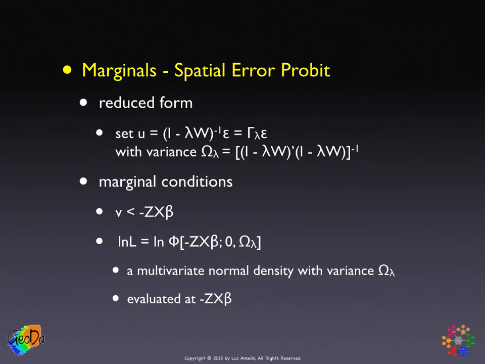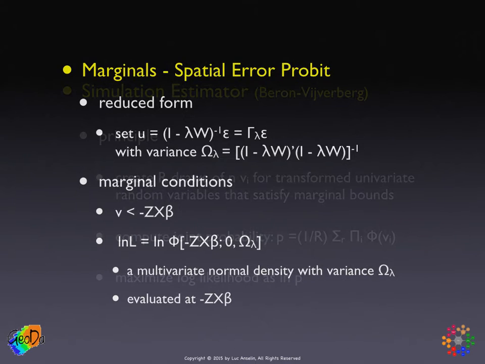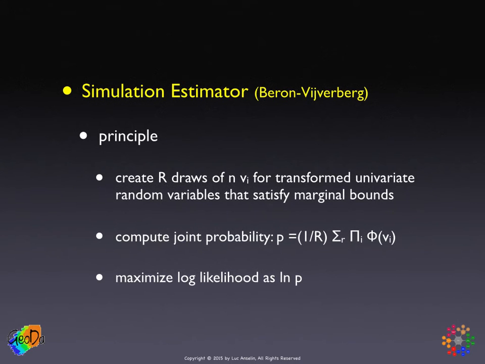So the problem with maximum likelihood is that we need to evaluate this multidimensional integral for the multivariate normal distribution. So the idea of the simulation estimator that Baron and Vijverberg introduced is that we're going to transform this multivariate normal distribution into a product of univariate distributions.